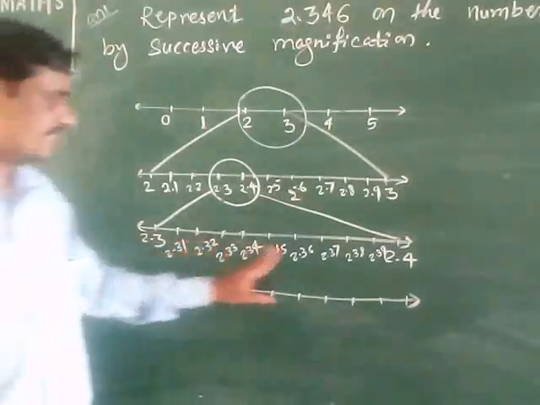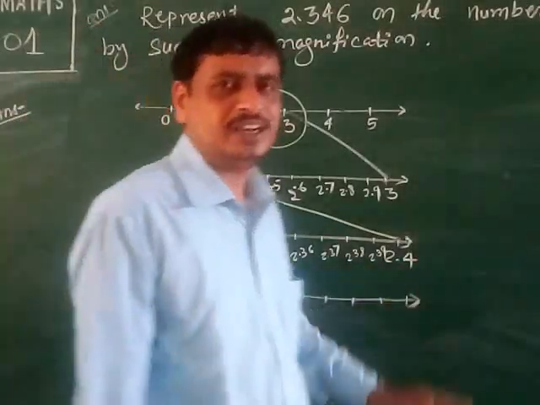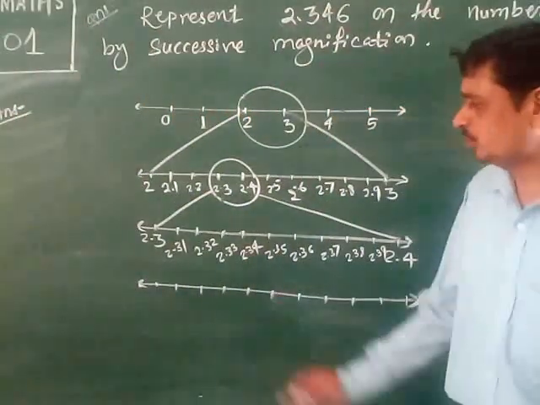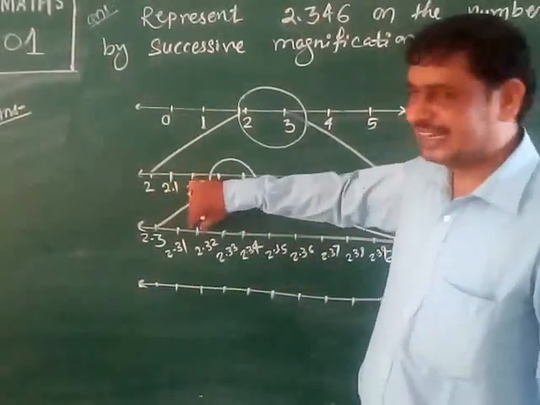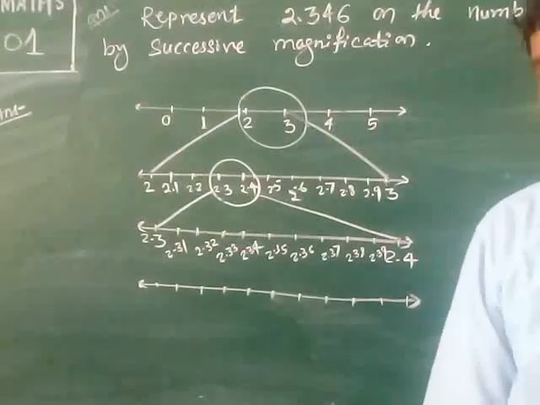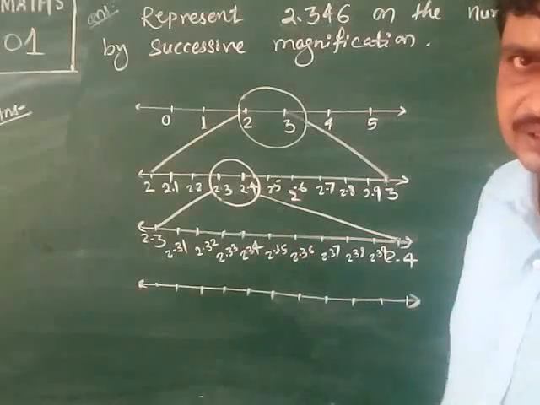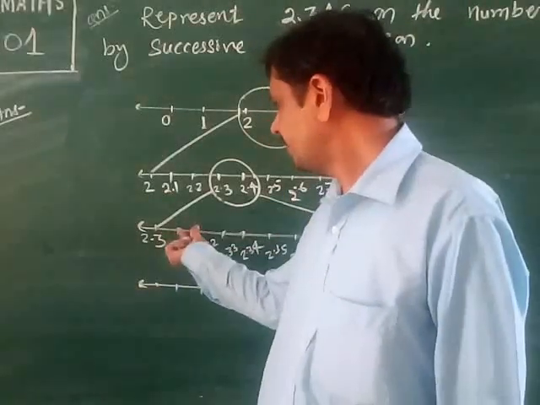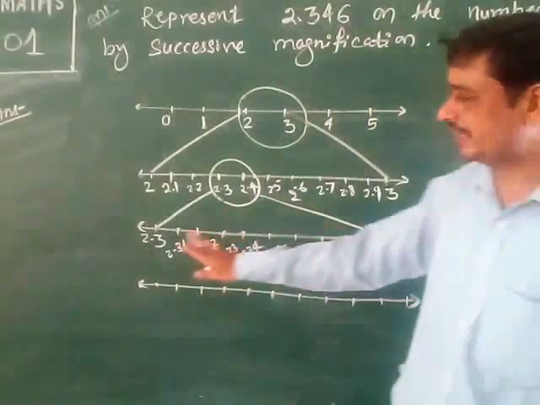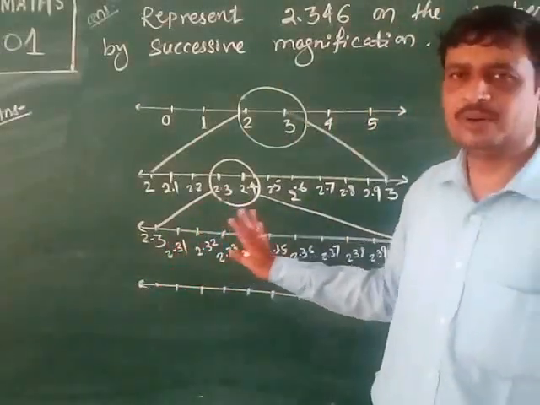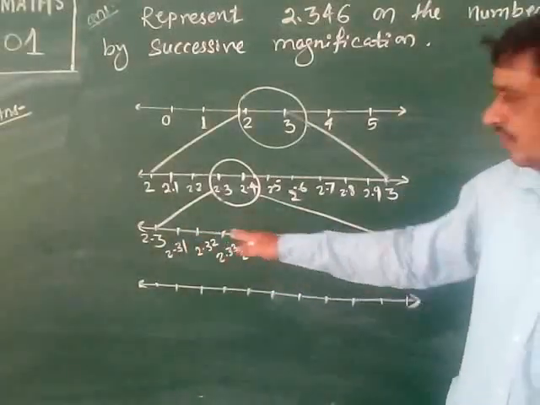Here, the line segment from 2.3 to 2.4 is divided into 10 parts, and each of these segments is equal in length. We have to divide the line segment into equal lengths. Here, this line segment is divided into 10 equal parts, and the number for each part is mentioned.